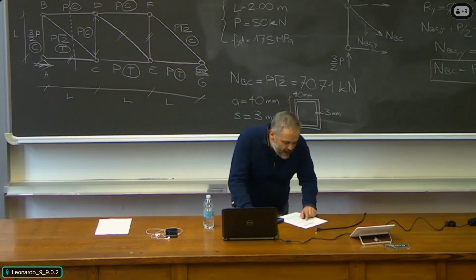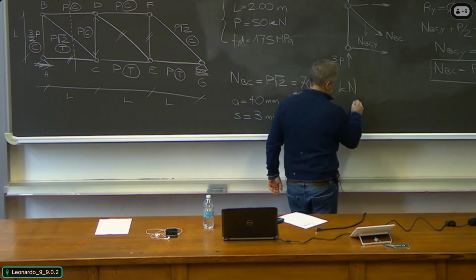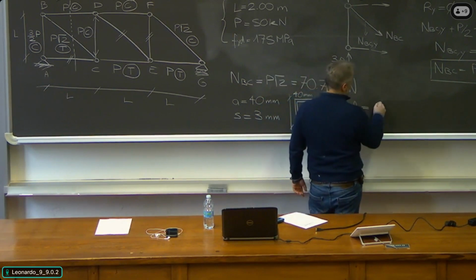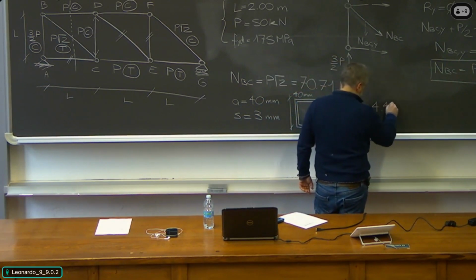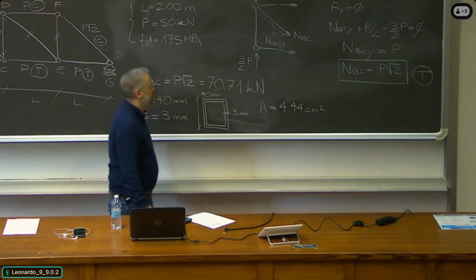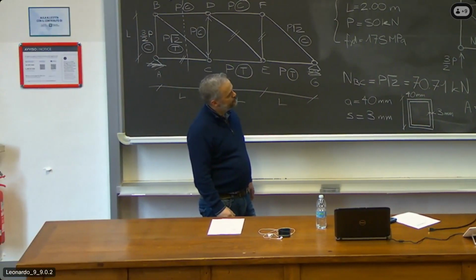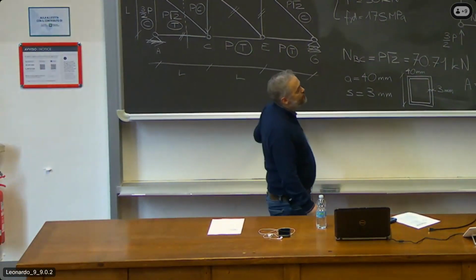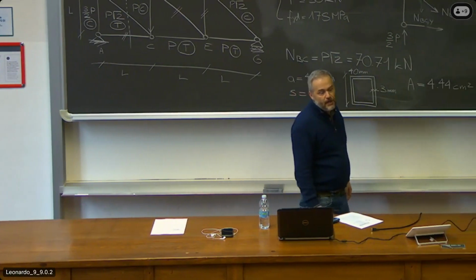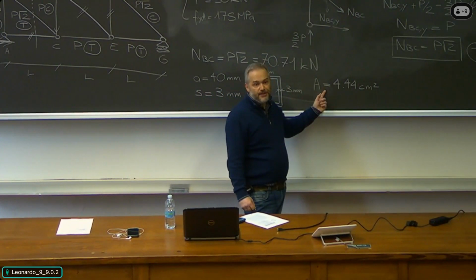The property we are interested in is the area. You can read it to the right in square centimeters. The area is 4.44 square centimeters. What is the resisting axial force of a member whose section is this and works in tension?